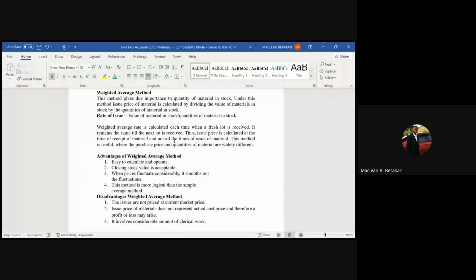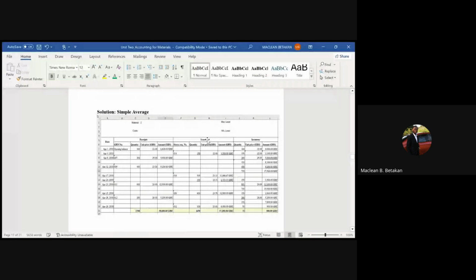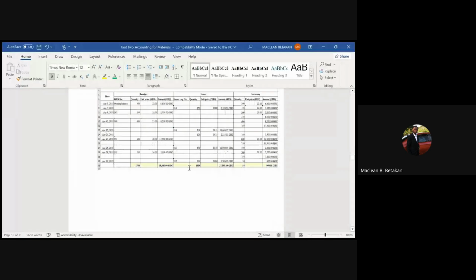With the weighted average, we are interested in this amount and this quantity. So we'll just divide this amount by this quantity, and the price we get is what we'll use to value as weighted average price. I hope it's clear.